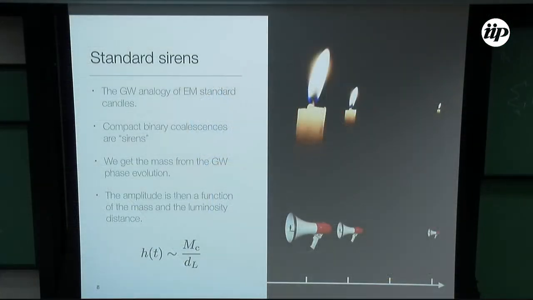With standard candles, the idea is that you somehow calibrate one candle, you know exactly how bright it is, and then you see another candle. If I see another candle 4 times less bright, then by the inverse square law, I know that it must be twice as far away. If I see something 16 times less bright, it must be 4 times as far away.